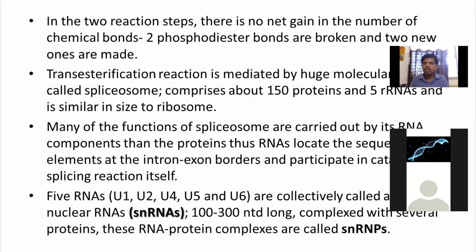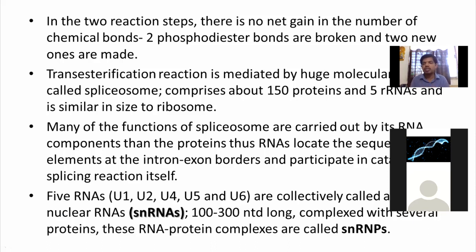How many proteins are there? Approximately 150 proteins are present, along with 5 RNA molecules. The 5 RNAs we designate as U1, U2, U4, U5, and U6. All these are small RNA molecules, and collectively they are called small nuclear RNA, or snRNA.